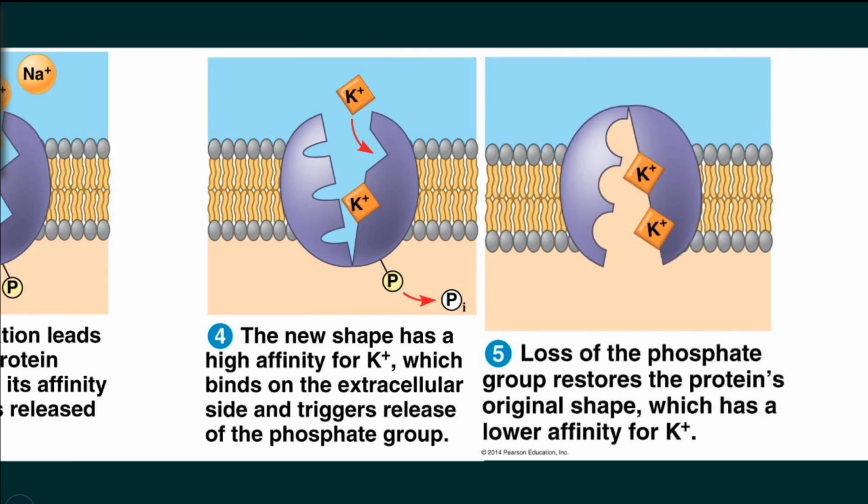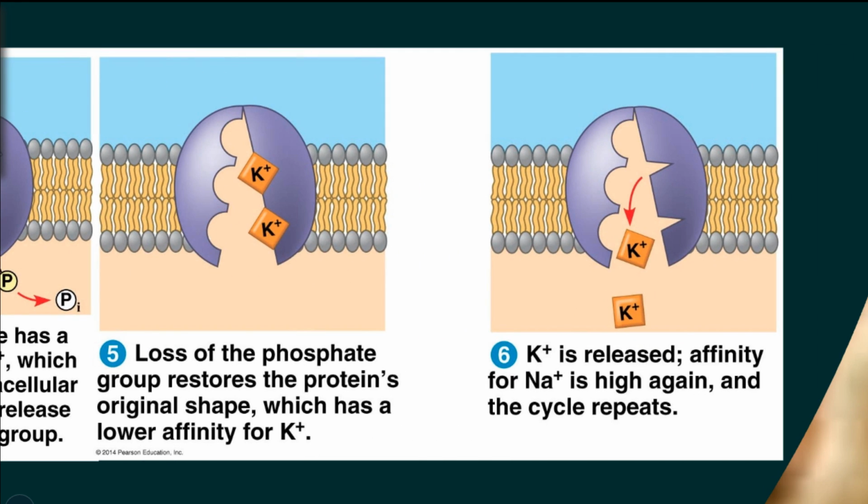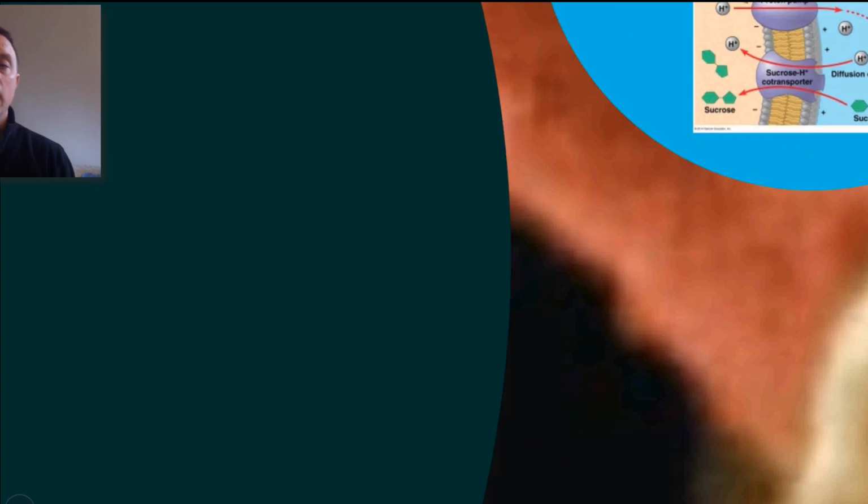This pump is very, very important. We will talk about this pump again when we get into the nervous system and start talking about how neurons function. But remember, this is moving substances against the concentration gradient, really setting up a concentration gradient, and it requires the input of energy in the form of ATP from the cell.